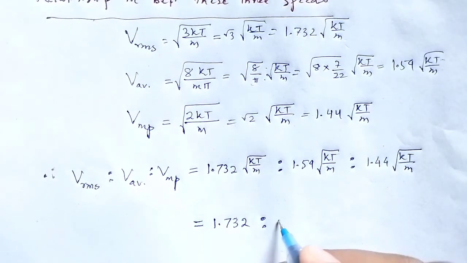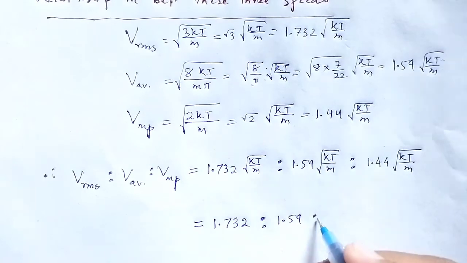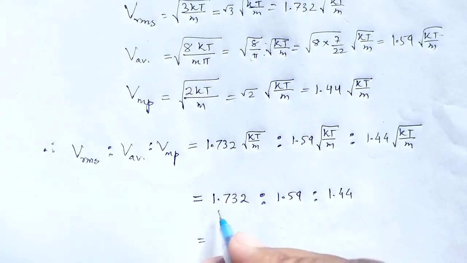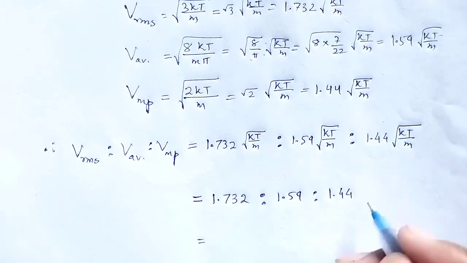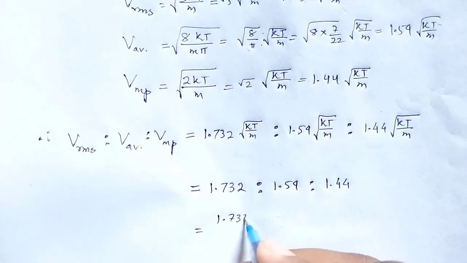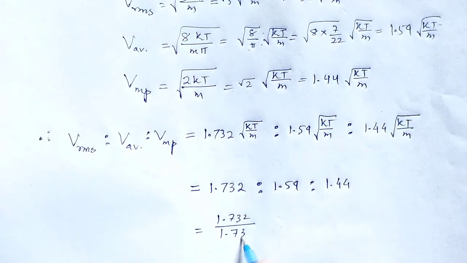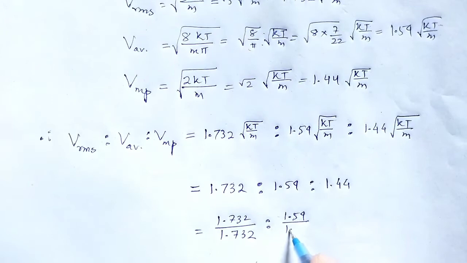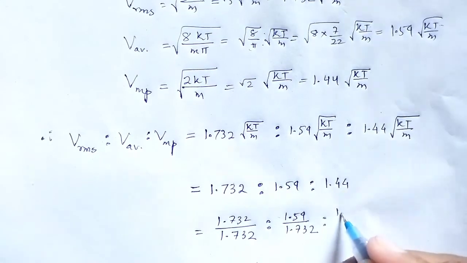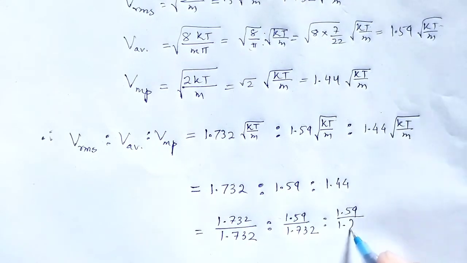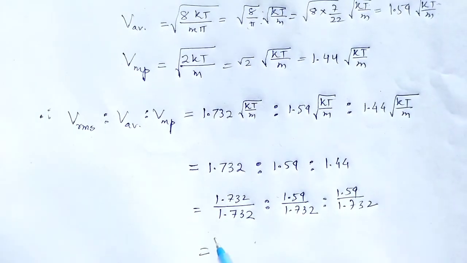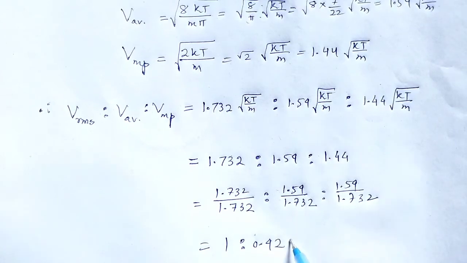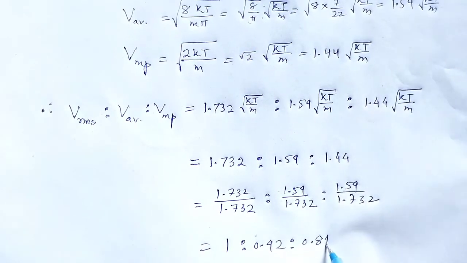Which is equal to 1.732 is to 1.59 is to 1.44. Now dividing all these three by 1.732, that is 1 is to 0.92 is to 0.81.